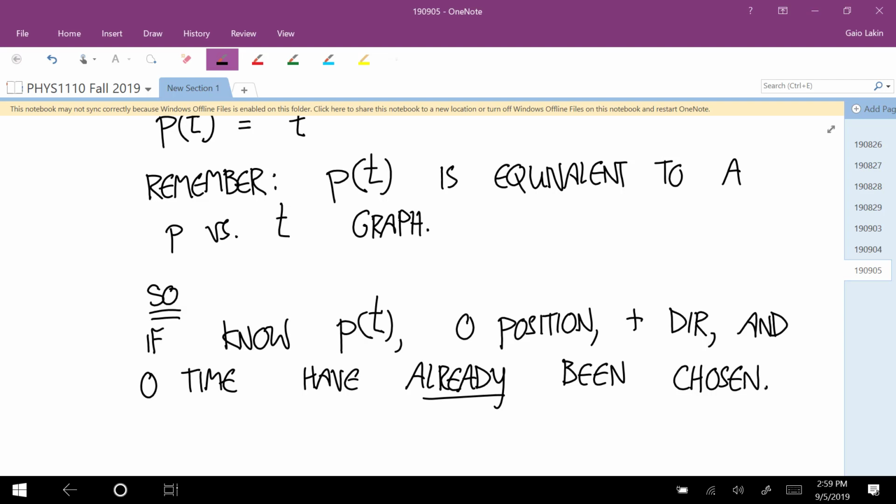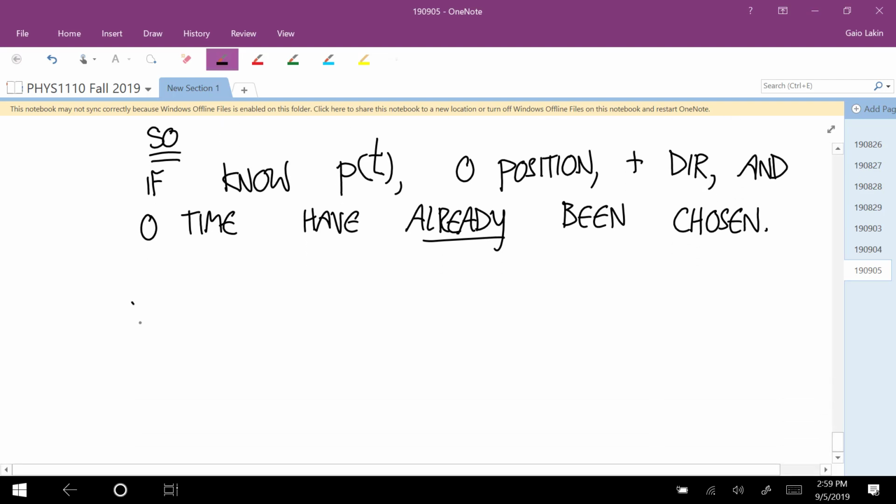Okay, the next thing we have to talk about, so that was position. The next thing we have to talk about is velocity. And we're going to define velocity in 2 steps.